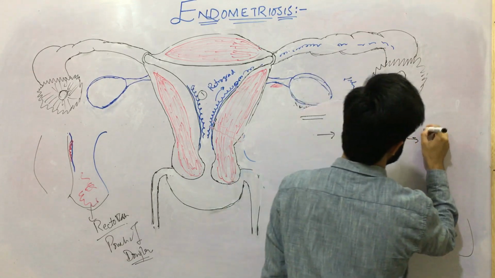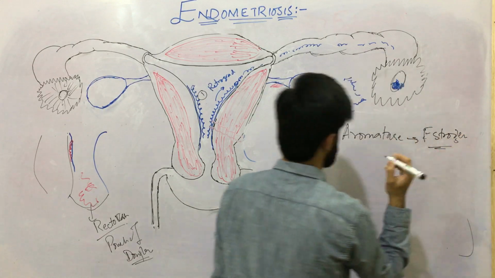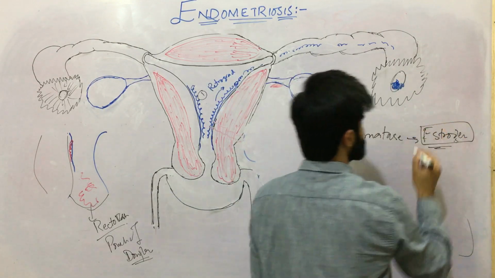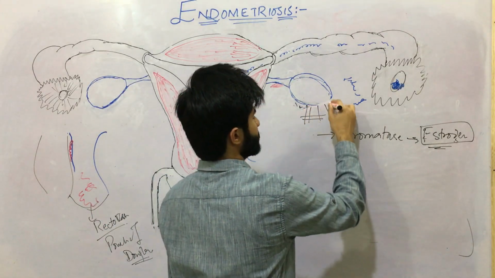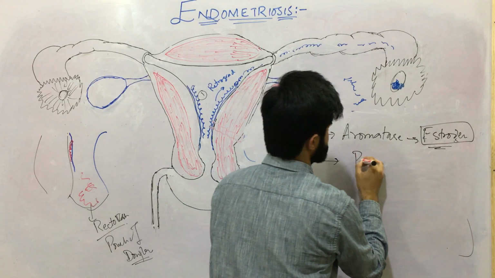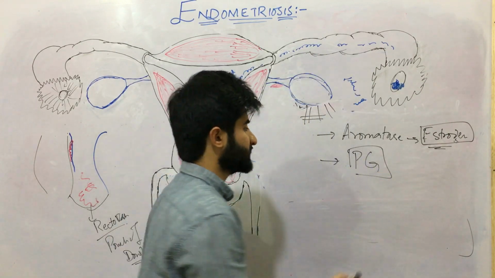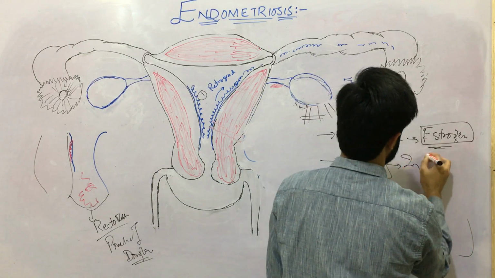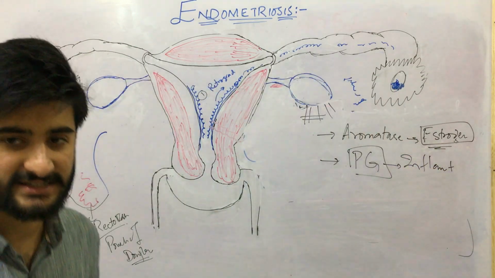This aromatase produces estrogen, and this estrogen is responsible for the production and proliferation of this endometrial tissue. The second thing is that there is production of prostaglandins, and these prostaglandins create a zone of inflammation surrounding this endometriosis.